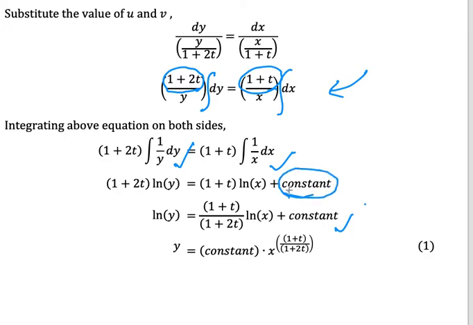If you rearrange the equation here, you could write y is equal to a constant times x to the power of 1 over (1 plus 2t). So what is the meaning here that you could use for your research?